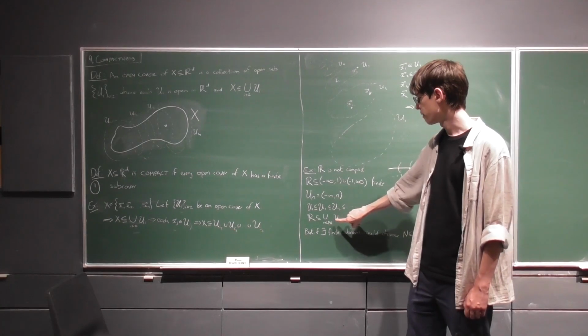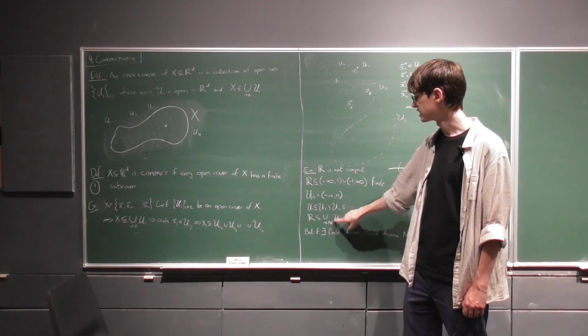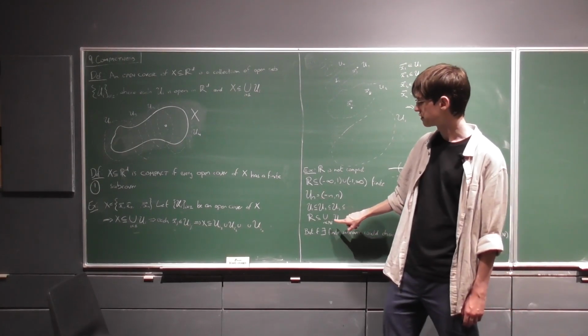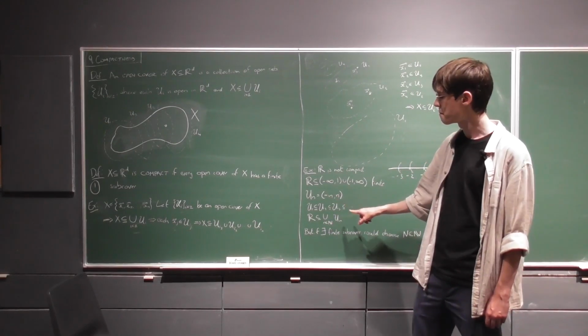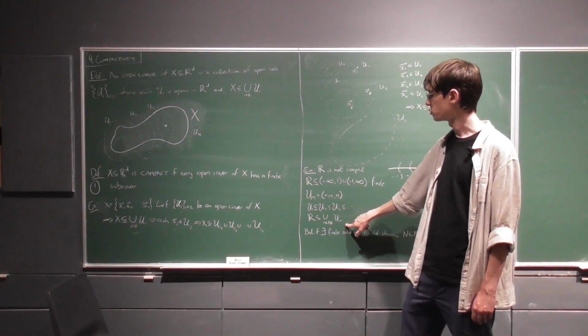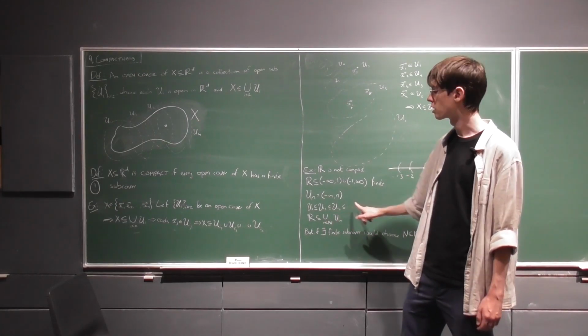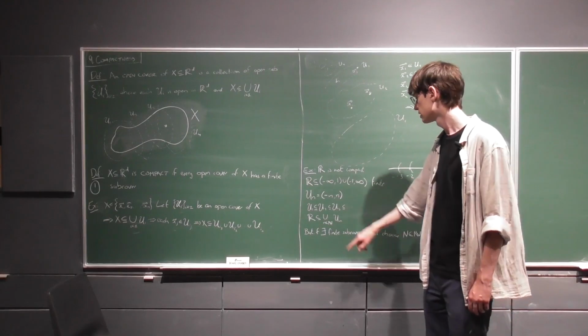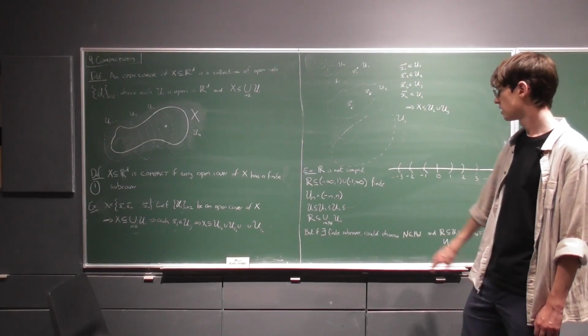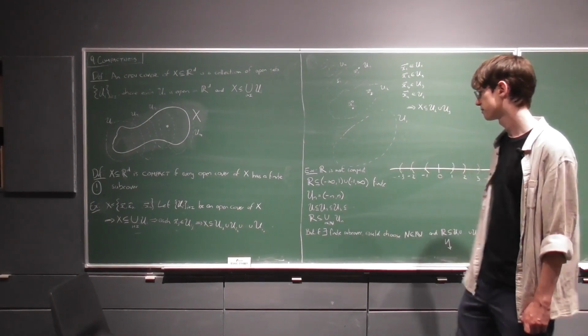You can think of this as the union of Un for n equals 1 to some large m, and then the limit as m goes to infinity. And that will be this open cover here, which is infinite.